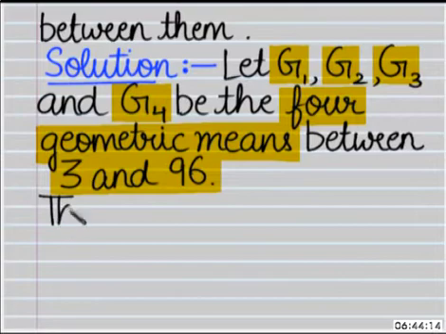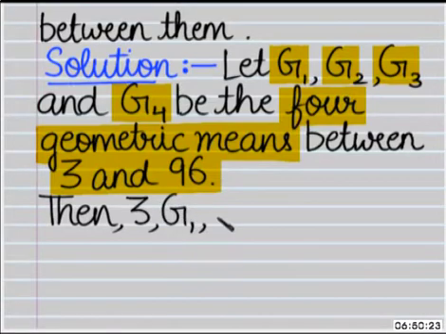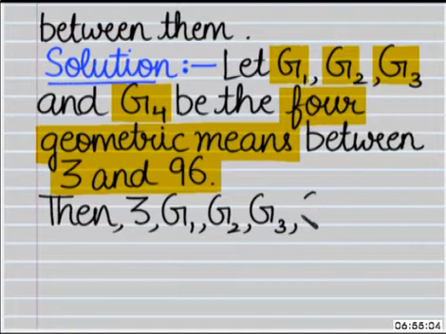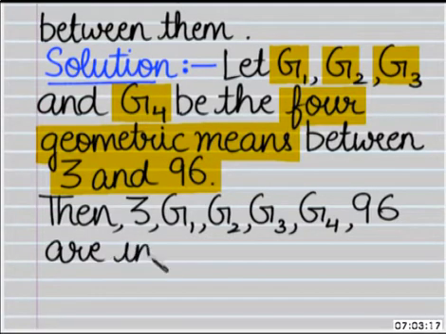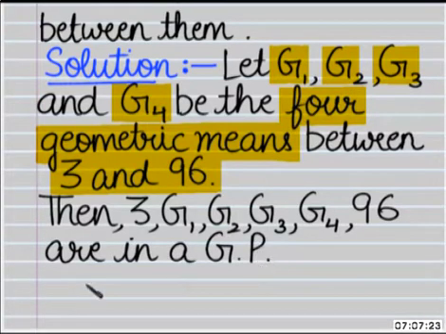Then 3, G1, G2, G3, G4, 96 are in a geometric progression, that is GP.